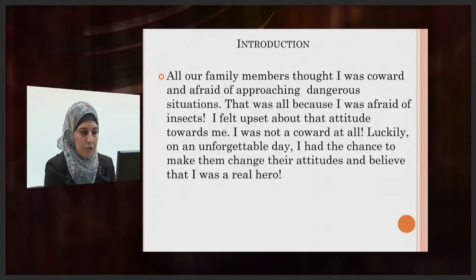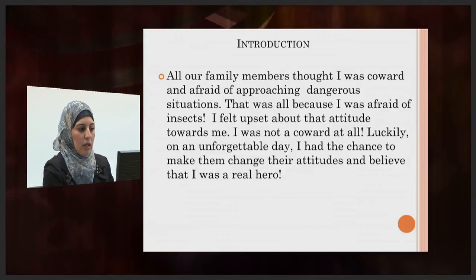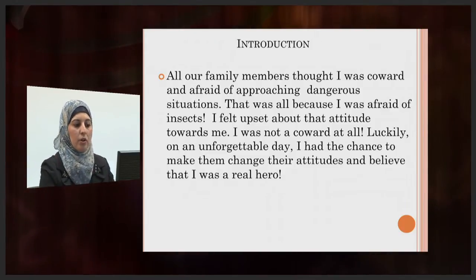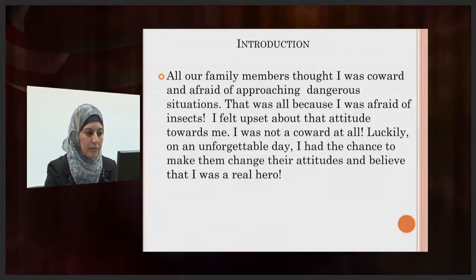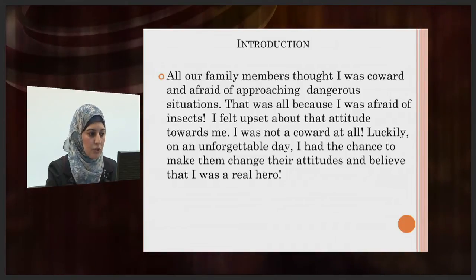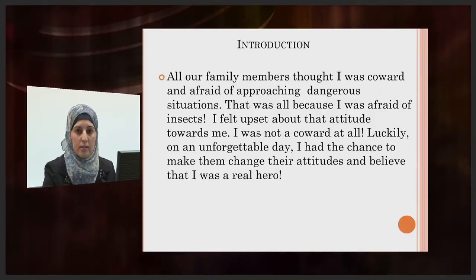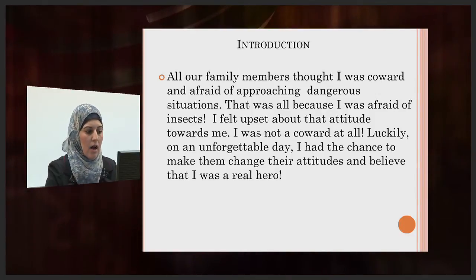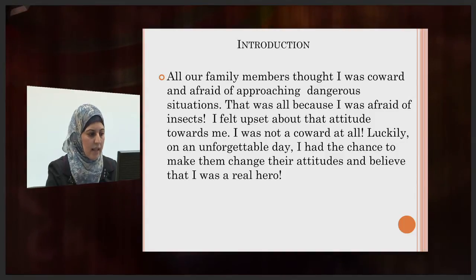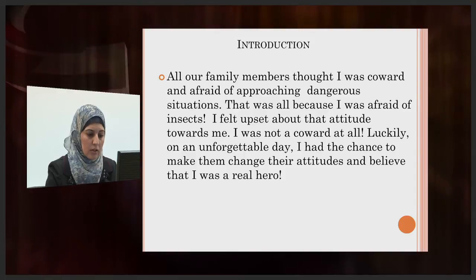Here is another introduction. All our family members thought I was a coward and afraid of approaching dangerous situations. That was all because I was afraid of insects. I felt upset about that attitude towards me. I was not a coward at all.